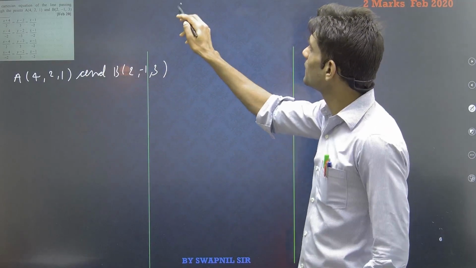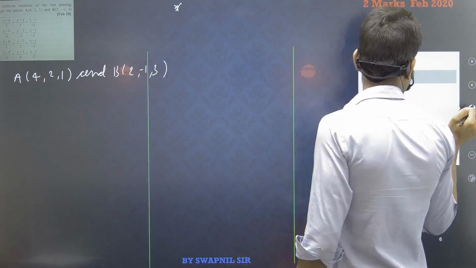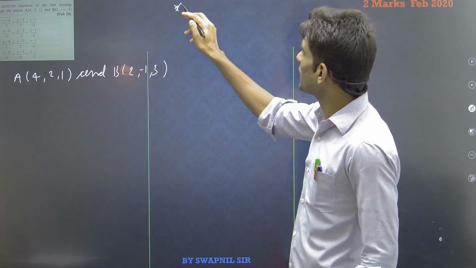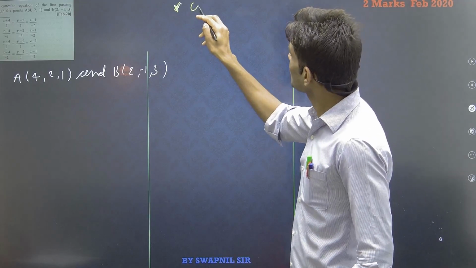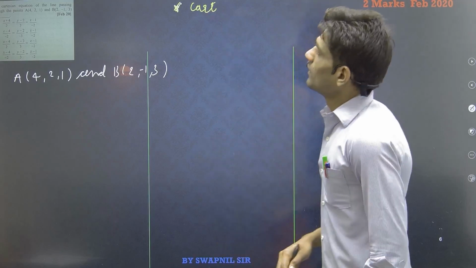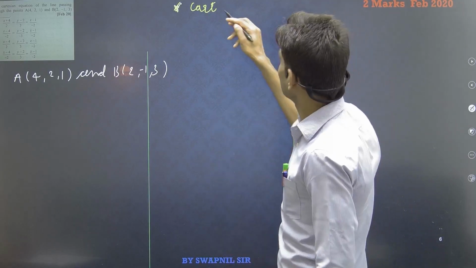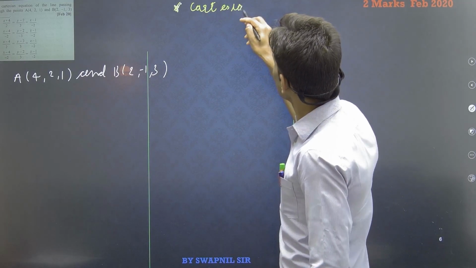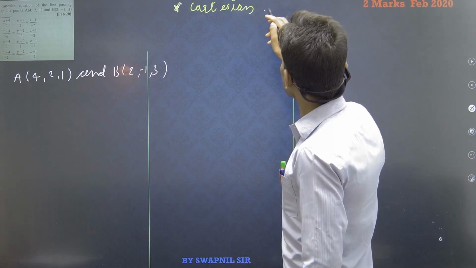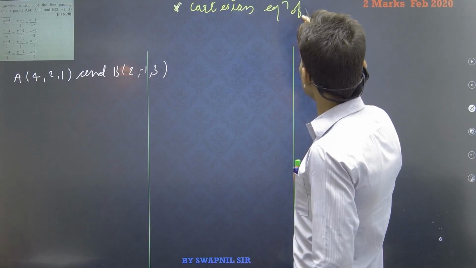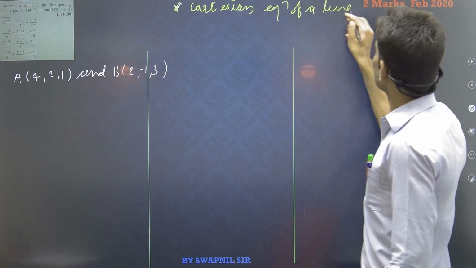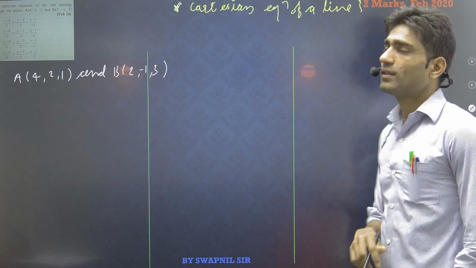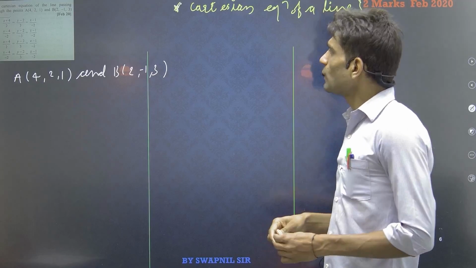What we want here is to find the Cartesian equation of our line.